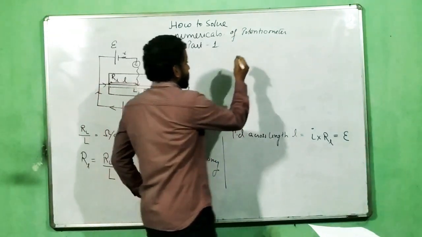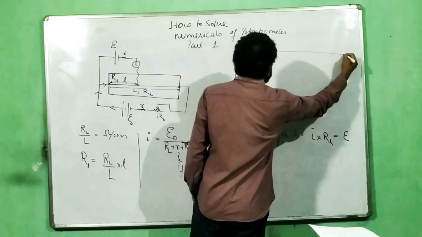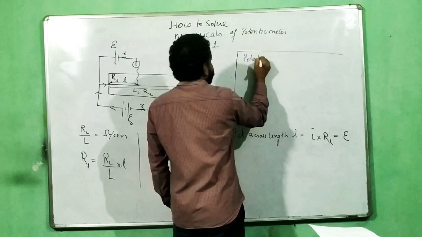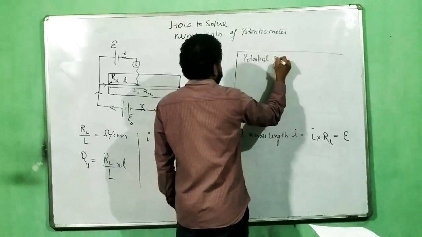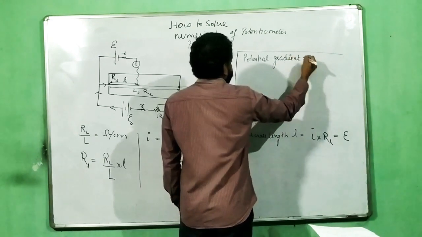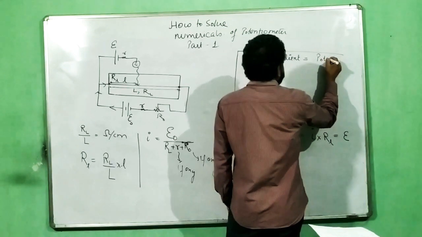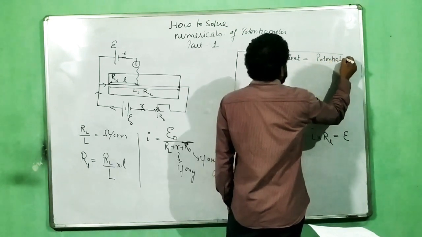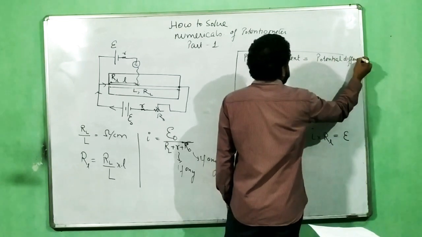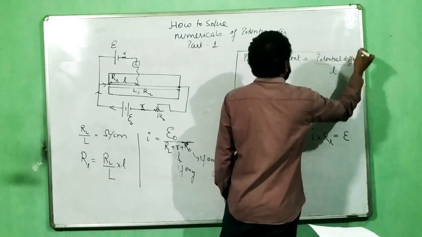The other thing which is commonly found in this type of questions is the term called potential gradient. Potential gradient means the potential difference divided by the length L across which you have found the potential.